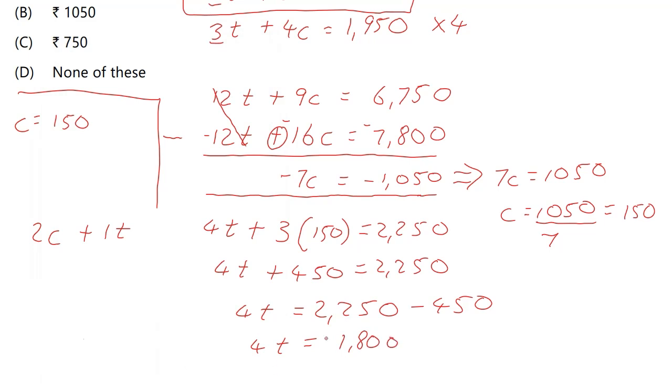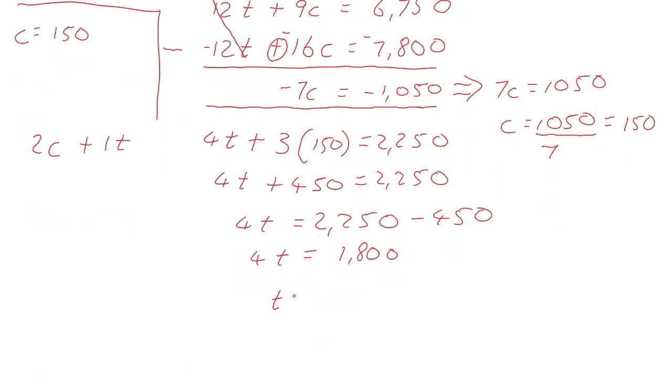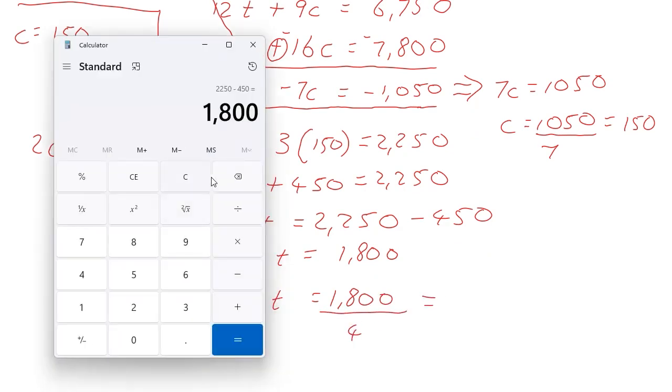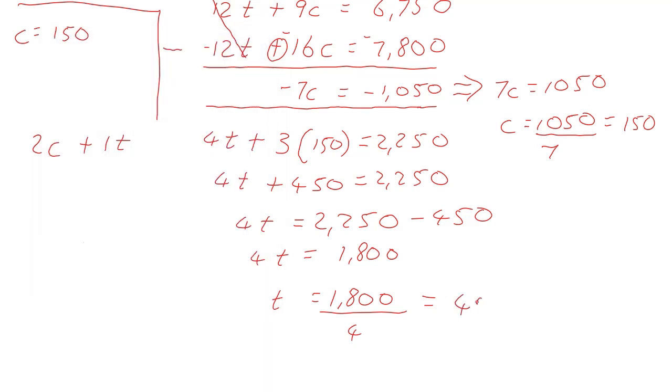Then t will be 1,800 upon 4, which gives me 450. So I got c as 150 and t as 450, and now I can substitute in this equation.